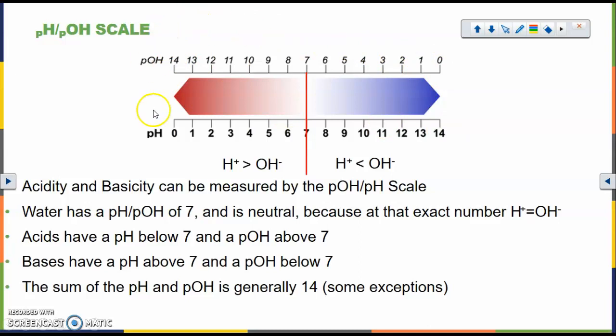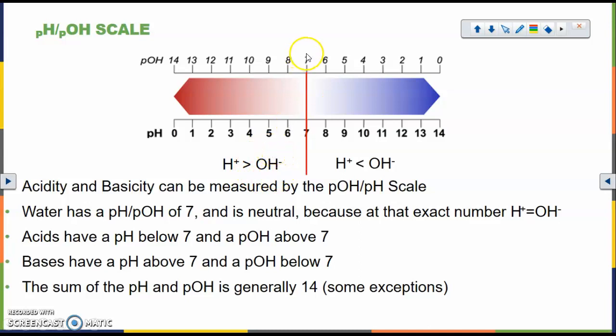And the reason why is that the sum of the pOH and pH, generally speaking, most of the time, will always equal 14. Okay, and all of the scale is talking about the ratio between hydrogen ions, which are also called hydronium ions, which is the same as protons, and hydroxide ions.